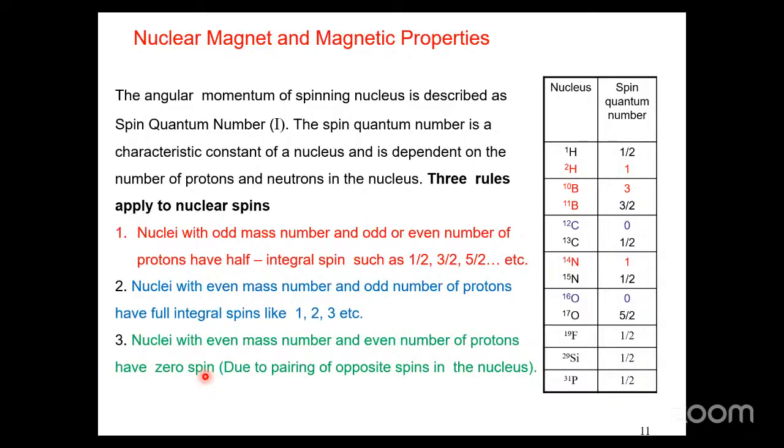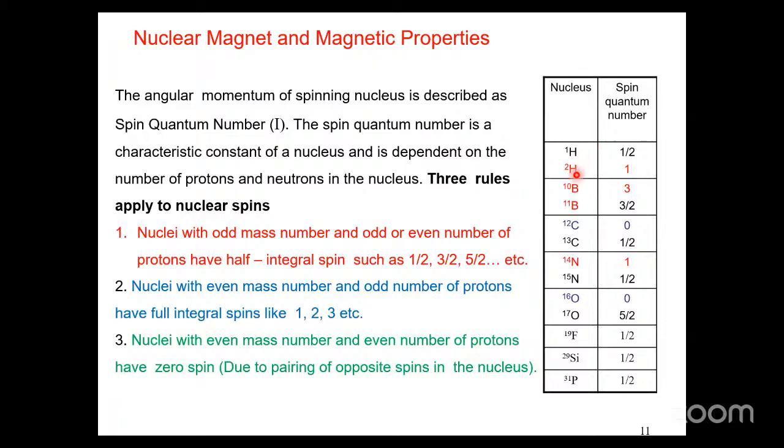Let us take an example. We have hydrogen. The two isotopes are H1 and D2, deuterium. In which respect do they differ? They differ in the number of neutrons. Now H1 will have an odd mass number and an odd number of protons, so it will have the spin quantum number 1/2.